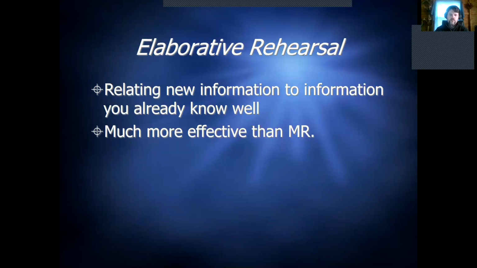All right, elaborative rehearsal. This is relating new information to information you already know well. In this way, you're intentionally taking new information and connecting it in your brain to things you already know. Now, I try to do this as a teacher.